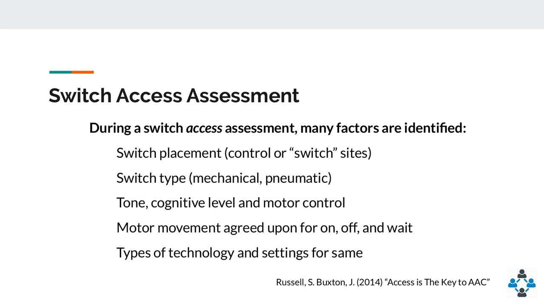looking at motor patterns that might be activated when the student goes to hit the switch, and movements that are kind of established as ways of moving onto a switch and off and waiting so that the switch isn't hit when it's not intended, and the different technology that can factor into a system and all of the settings that help that technology become customized for the individual student.